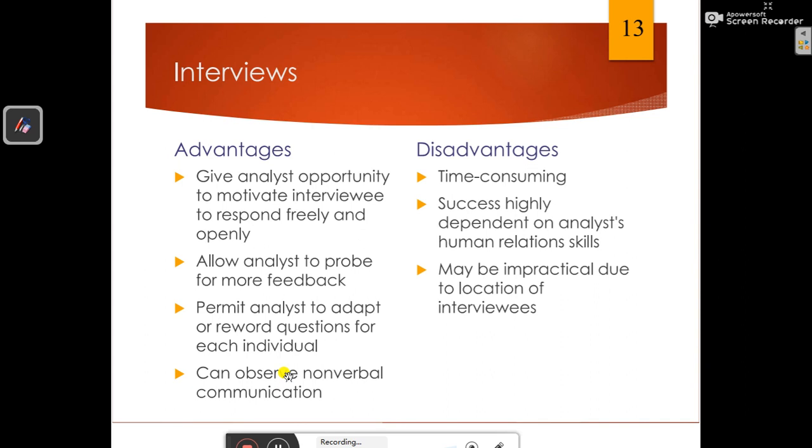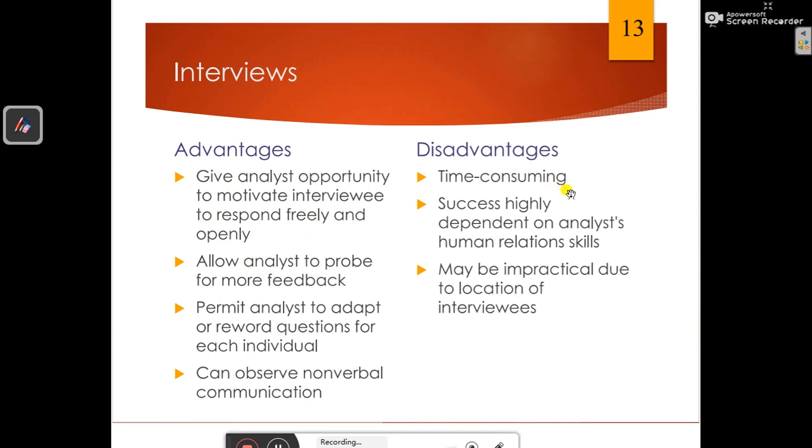It means we can understand the behavior of the respondent, and also if they don't understand the question, we can repeat the question and make them understand, and in that way we can gather the facts the way we want. It becomes a real-time scenario and you can get the data in real time, and it gives you the opportunity to motivate the interviewee also.